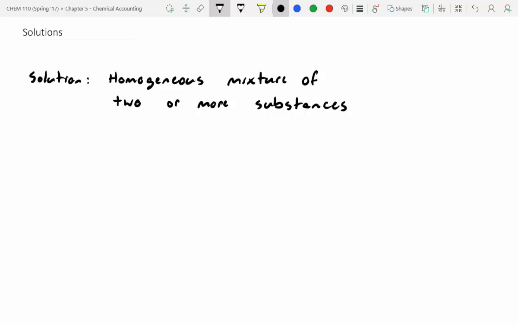Typically what you have is you have something called a solvent. Solvent is typically the liquid doing the dissolving. And then you have some sort of solute.